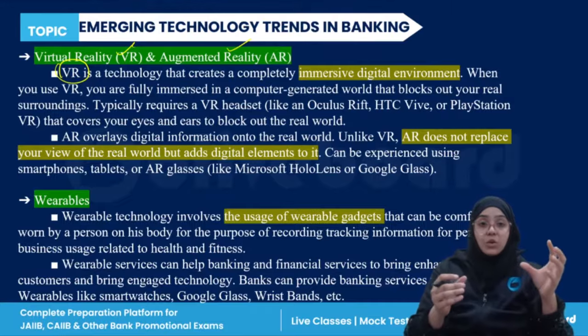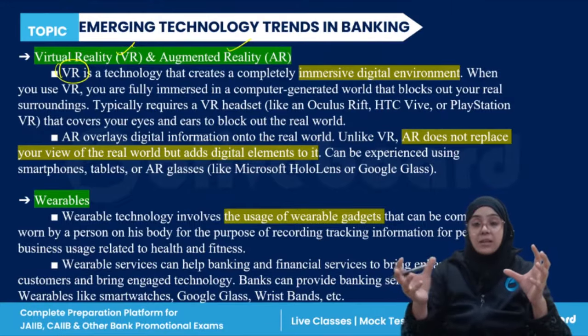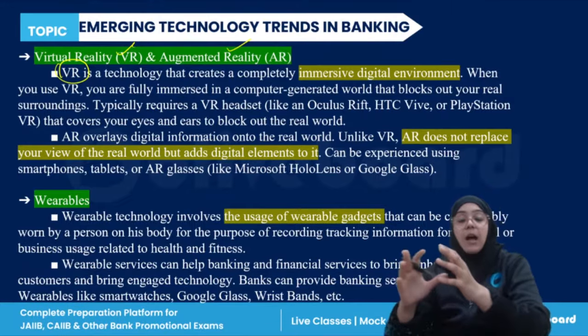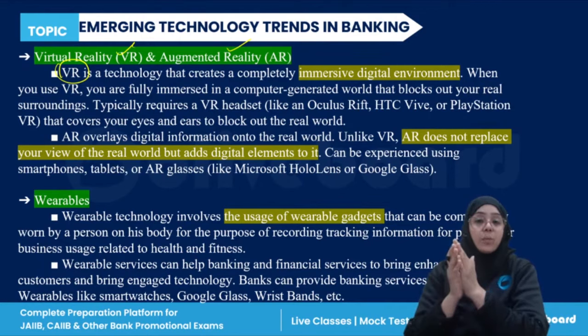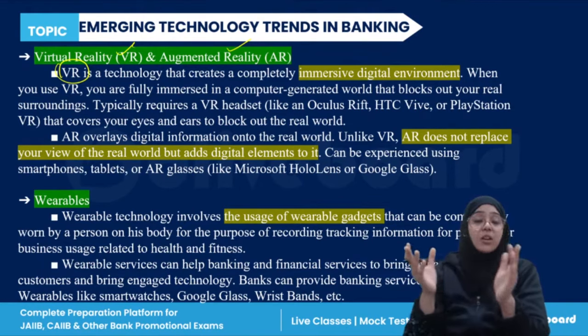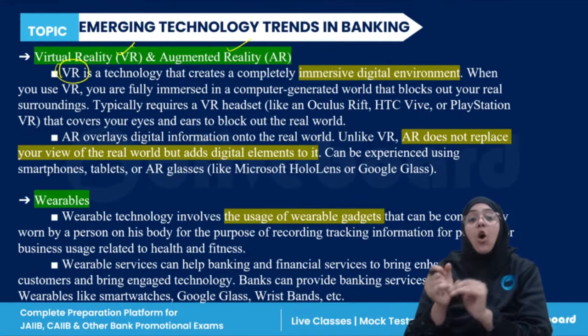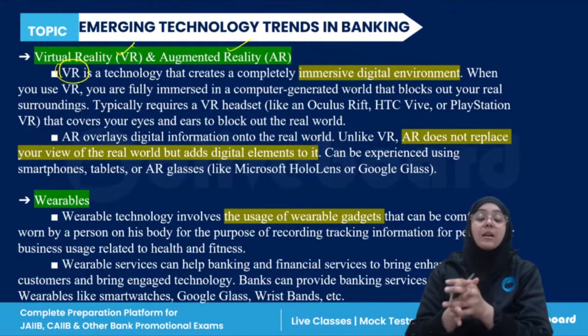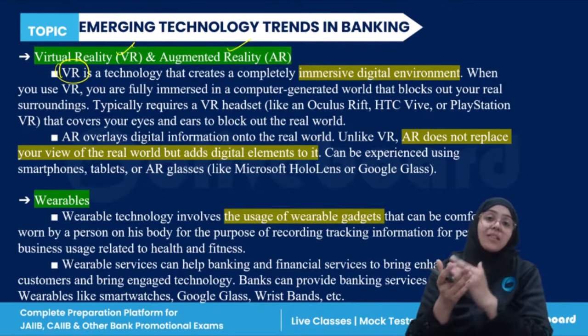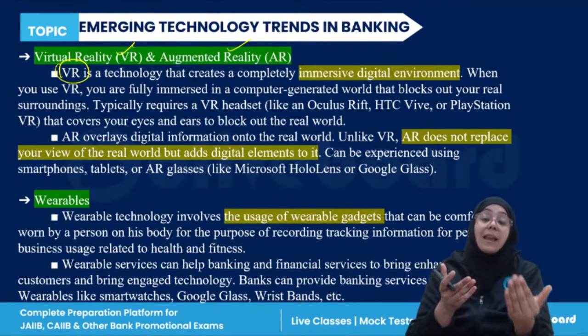So, virtual reality and augmented reality. In virtual reality, the outside environment is blocked, and you are completely immersed in the digital environment. Whereas augmented reality does not replace the real world; it just adds digital elements to it.